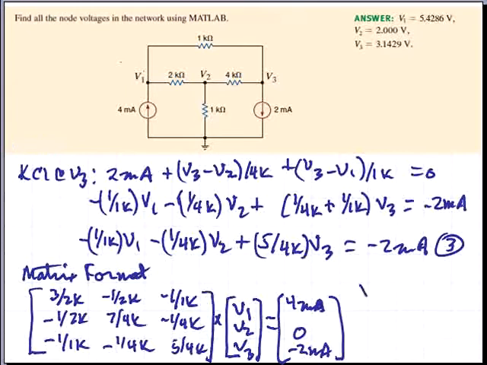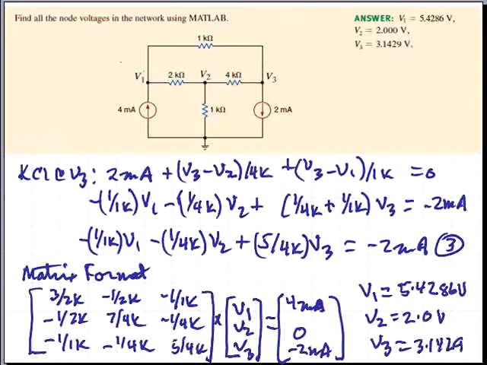Again, solving, we have V1 is equal to 5.4286 volts, V2 is equal to 2 volts, V3 is equal to 3.1429 volts.